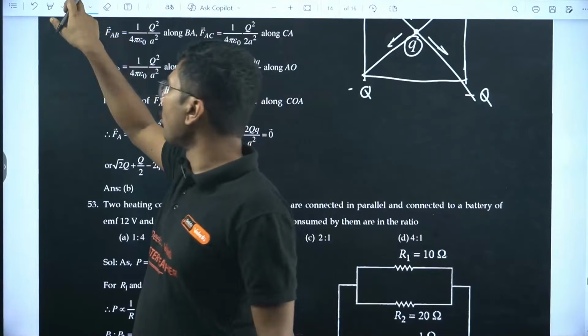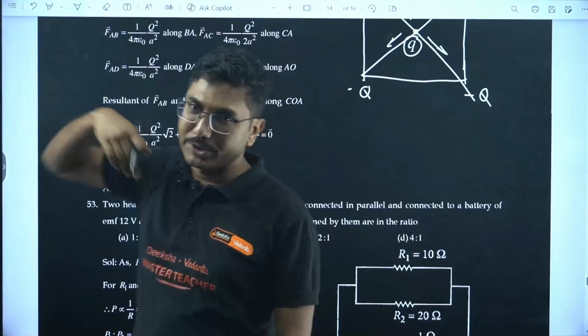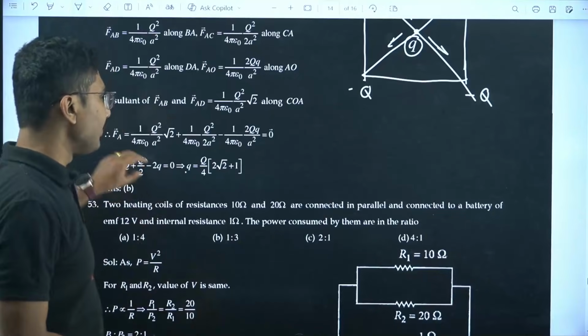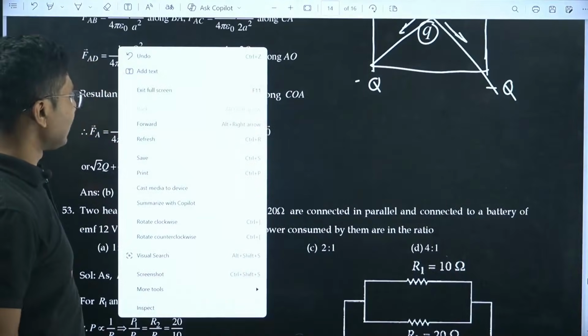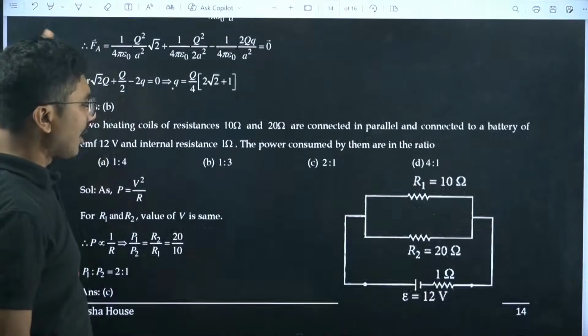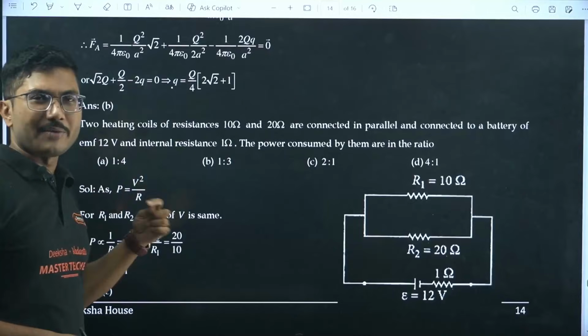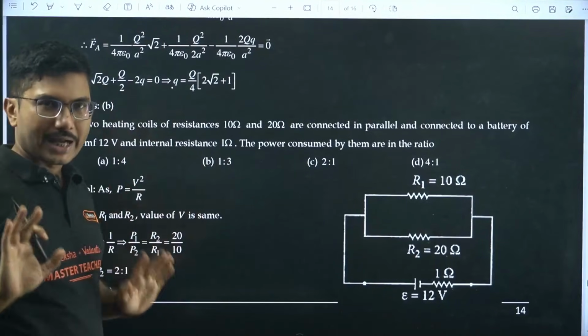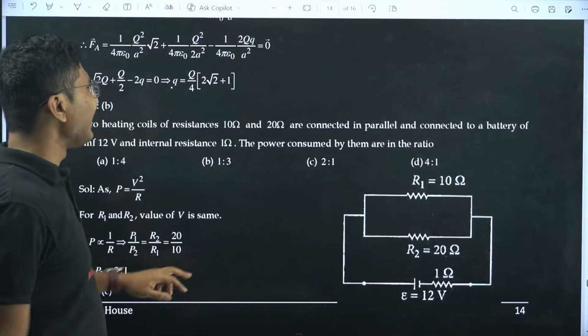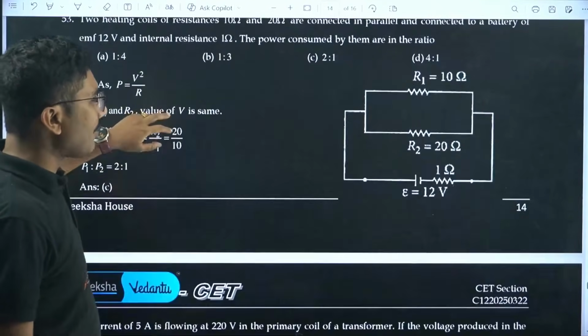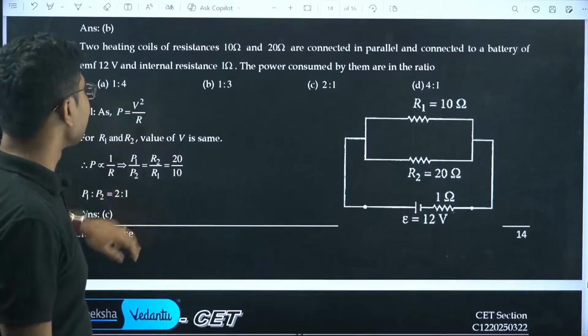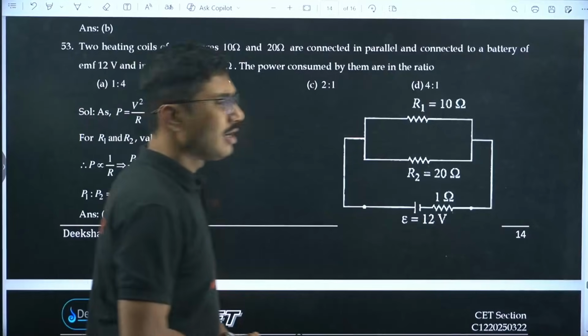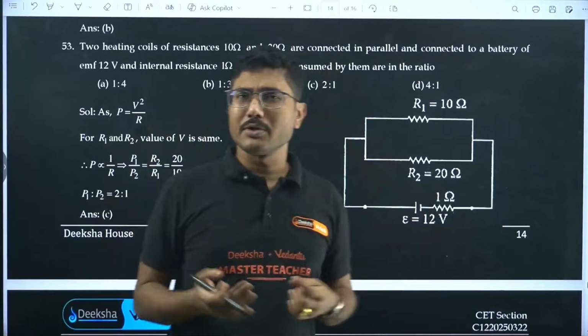Obviously, as you know, not all questions in KCET are super easy. Some of the questions will be difficult. Even if you skip this question, you can answer at least 55 to 58 questions. That should be your target. You should not be thinking that you are not able to answer a question because it was difficult. Yes, that is part of the question paper. Do not think too much about difficult questions.